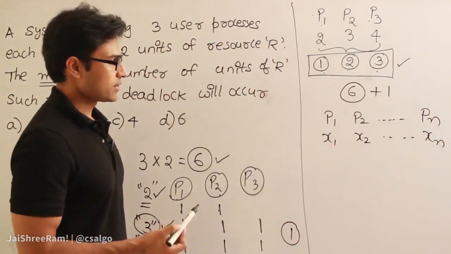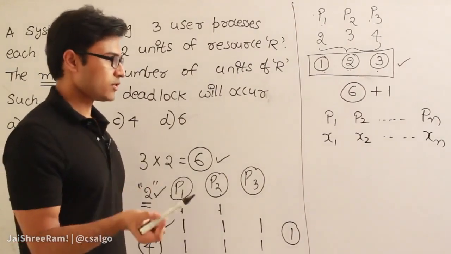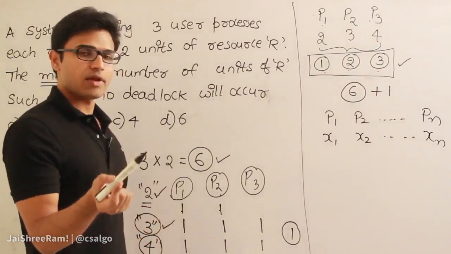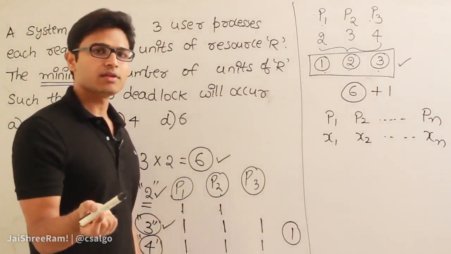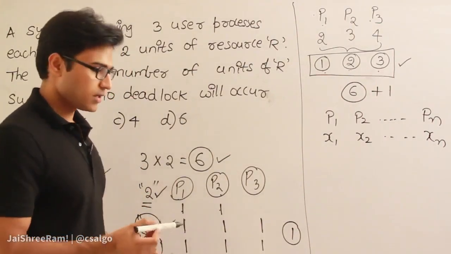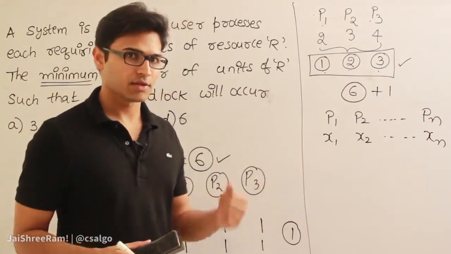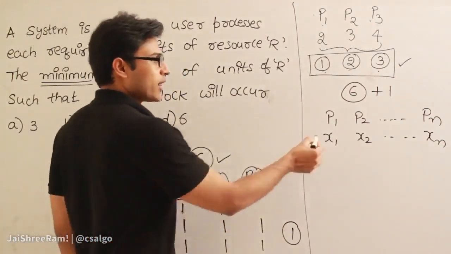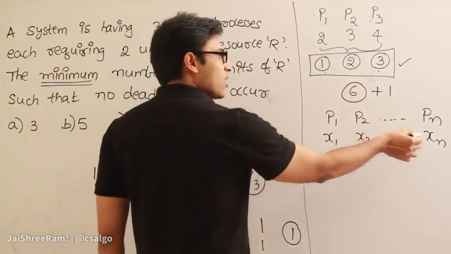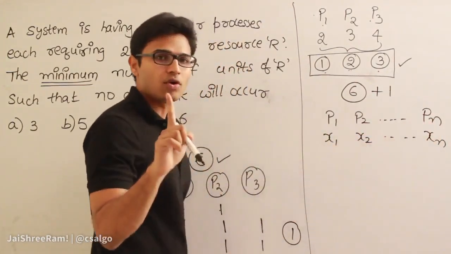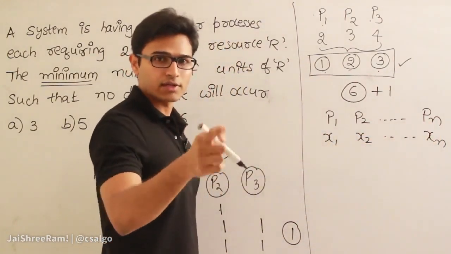Then now the question is, what is the maximum number of resources, even allocating those many, there could be a deadlock, which means what is the maximum number of resources which might still lead to a deadlock? If that is the question, then what you should do is, you try to allocate all the resources to all the processes, but then hold 1 back, so that each will wait for the resource.